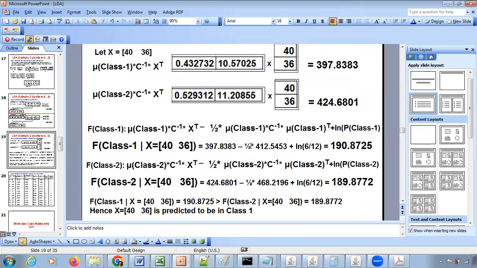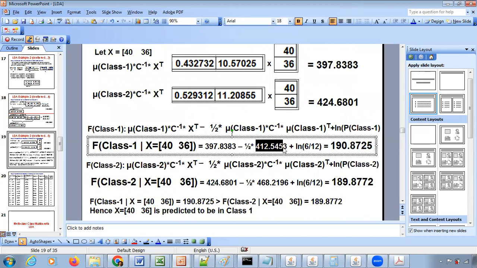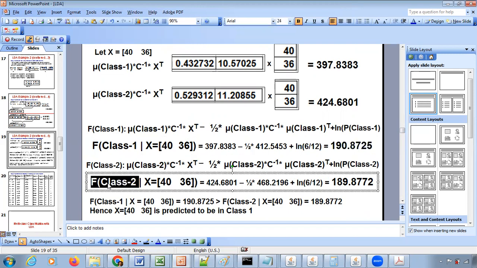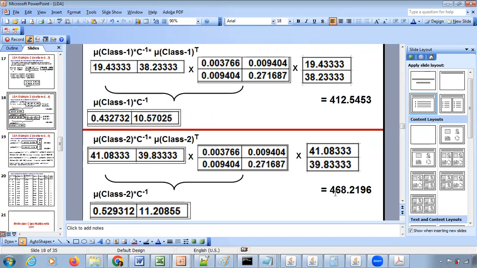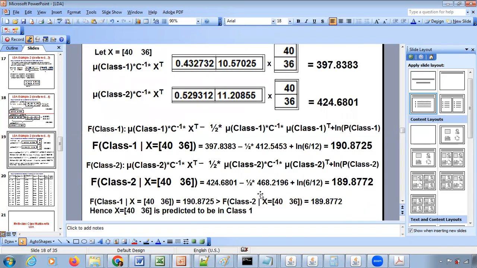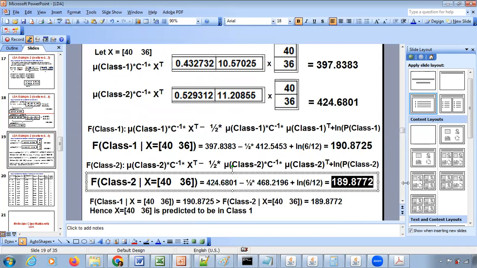So that's half of that 412.5, plus log of 6 over 12 for class 1. If you do the math, you get 190 point something. And for class 2, for 4036, you get 424.68, minus half of this 468 that we computed here for the entire class 2, plus log of 6 over 12. So this is the number we get.